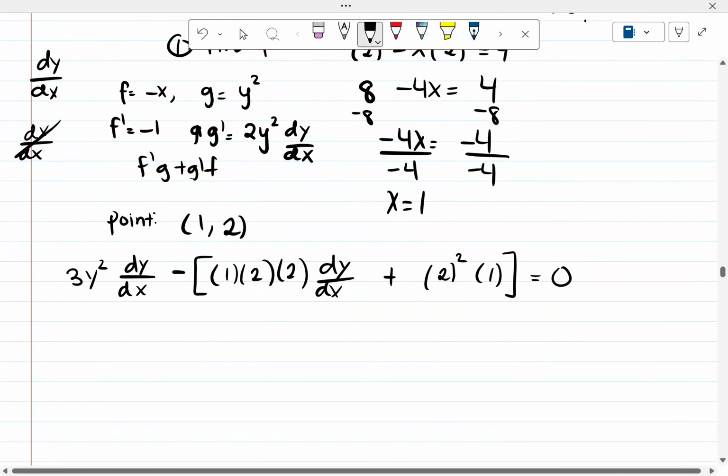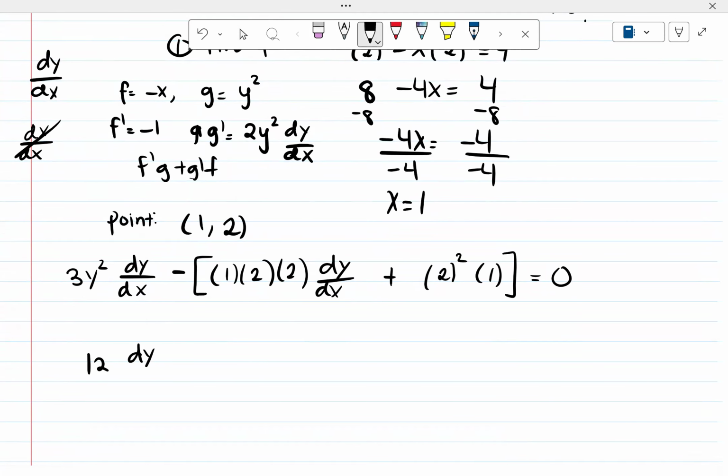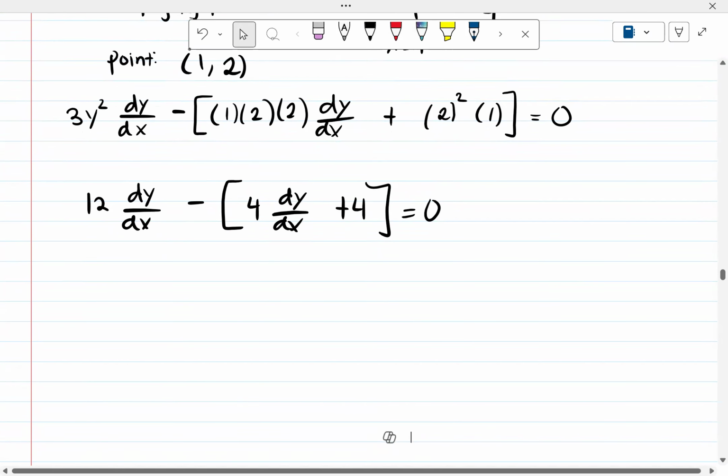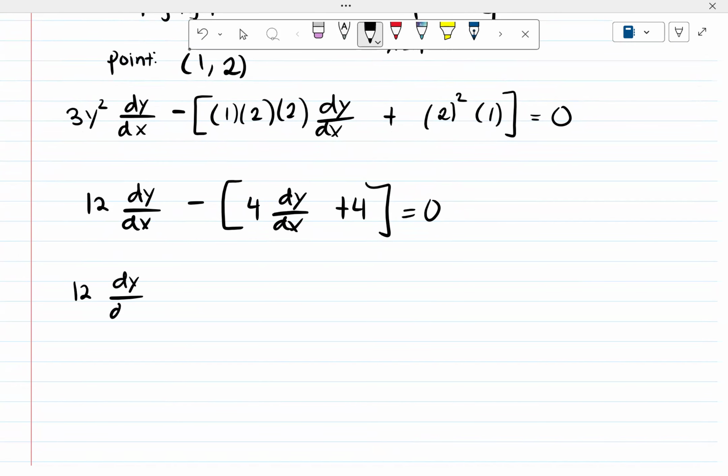So you're going to get 12 dy dx minus 4 dy dx plus 4 equals 0. You get 12 dy dx minus 4 dy dx minus 4 equals 0.